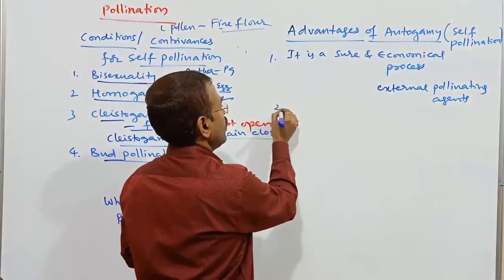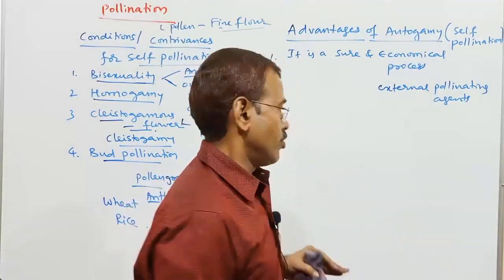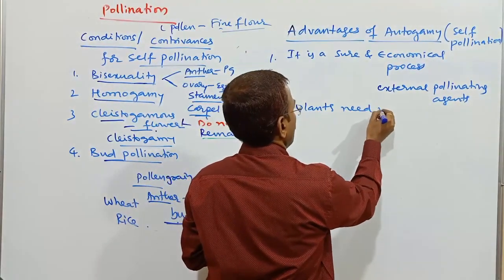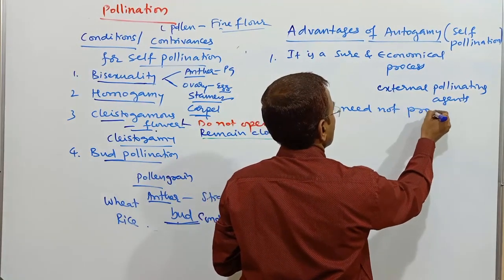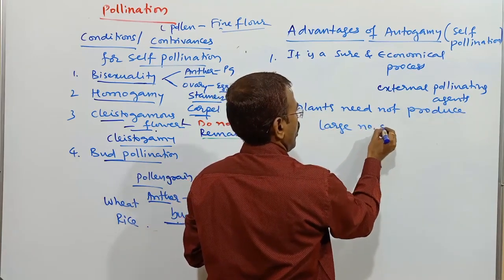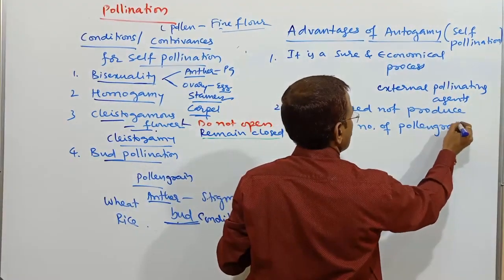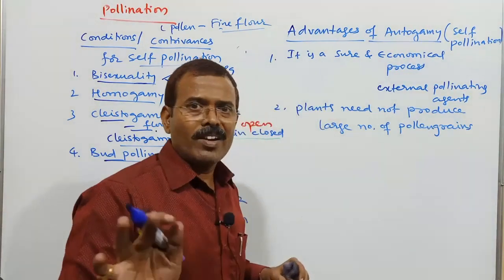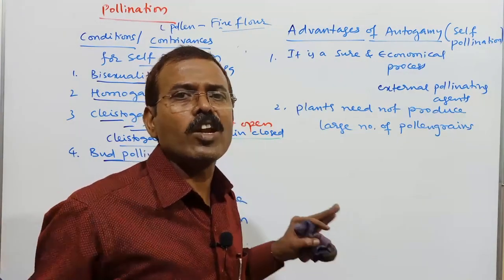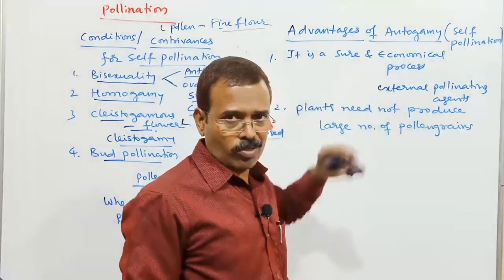So here the plant need not produce a large number of pollen grains. Unnecessary wastage of pollen grains is not there in this self-pollination. That's why it is an economical process.